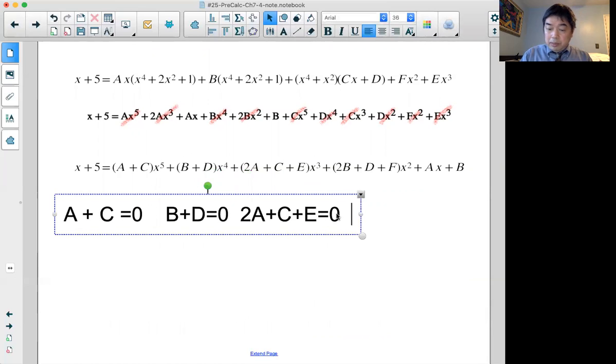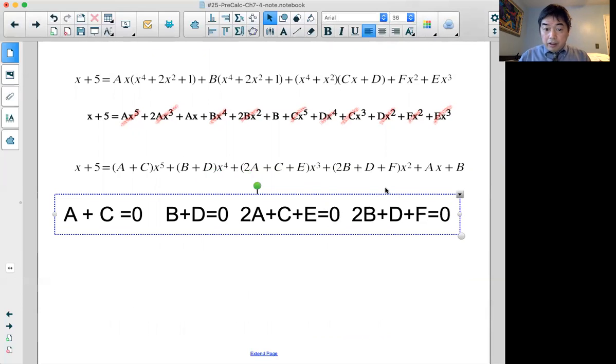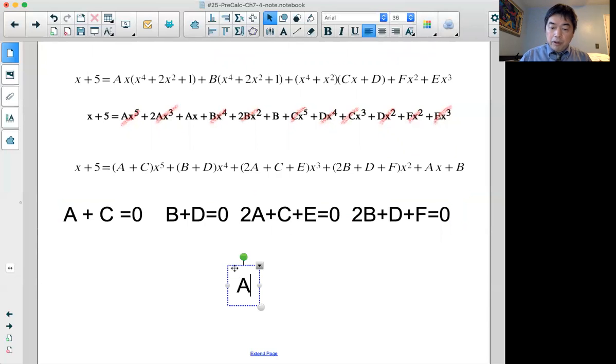So 2b plus d plus f is also equal to 0. Now, the first number you see is here. Coefficient of x is a, and coefficient is invisible, which is 1. So a must be 1. So we solved 1.